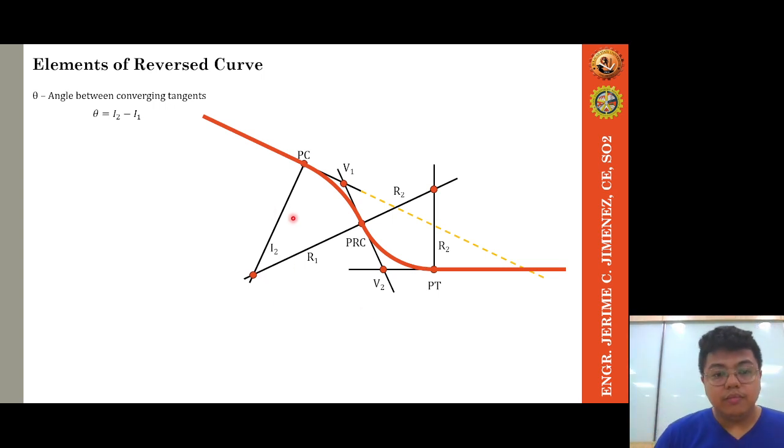So we know that the central angle of the first curvature is what we call the I sub 1. Ito yung portion na yan. Ngayon, kunin naman natin yung I sub 2 or the central angle of the second curvature. Ito yun. And then, pag nakuha natin siya, i-transfer naman natin siya dito sa ating first curvature.